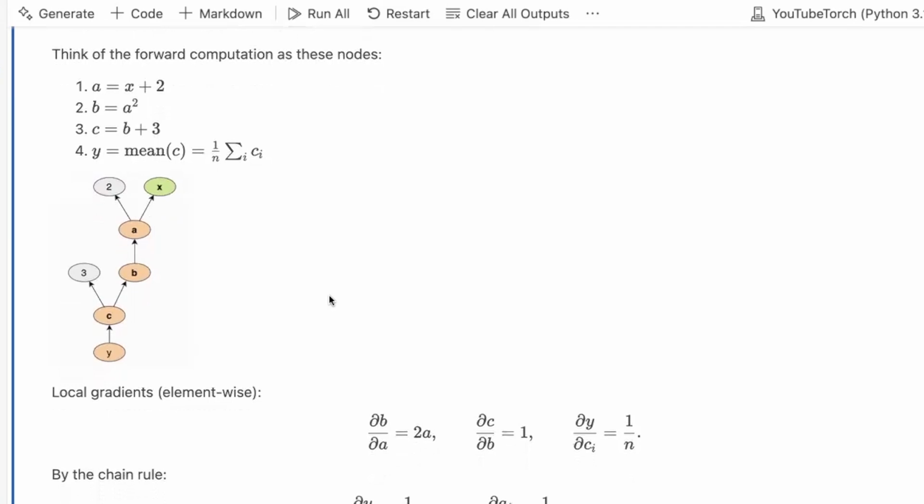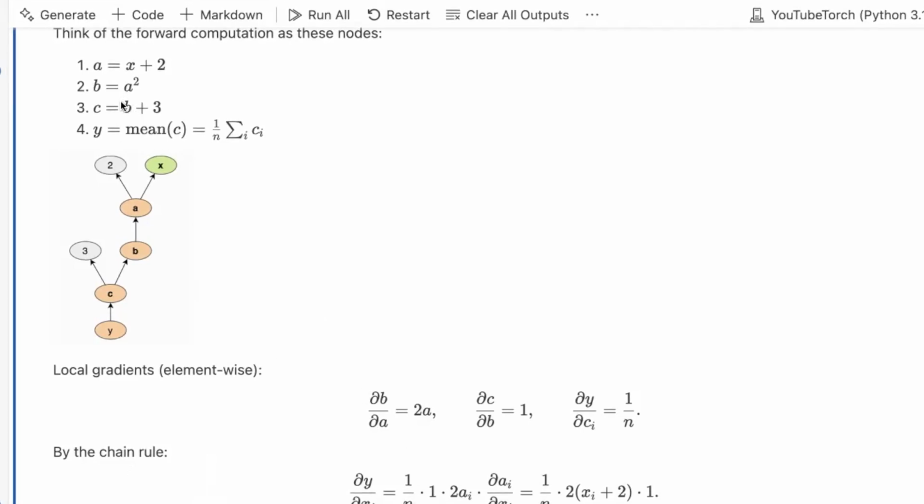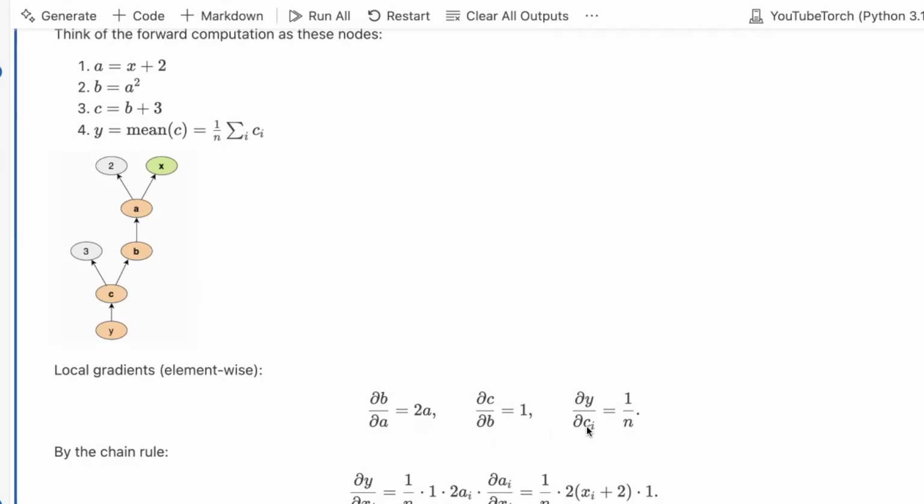So this means that the way that PyTorch solves this problem is that it starts doing this locally. And we're going to see that we first find the partial derivative of b with respect to a, which is 2 times a, since it's a quadratic function, and then c with respect to b, and then y with respect to ci. And each of these terms are very simple because they're very basic operations.